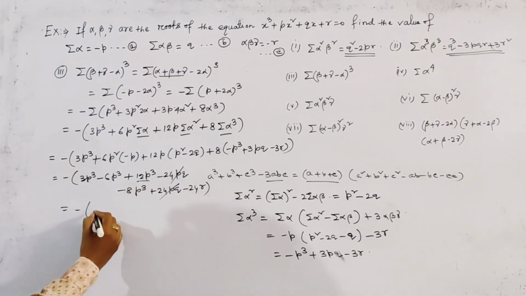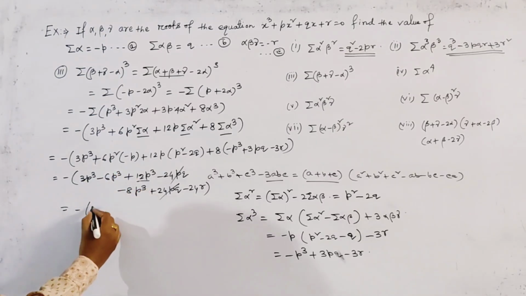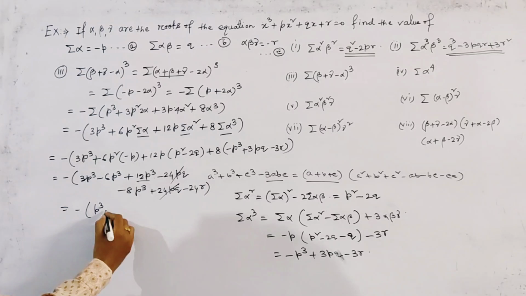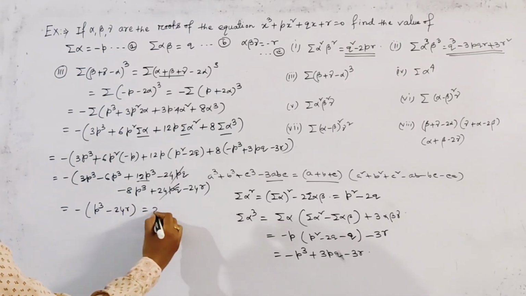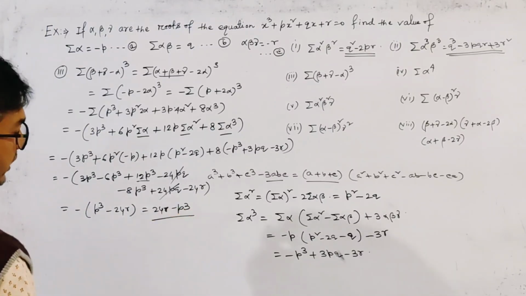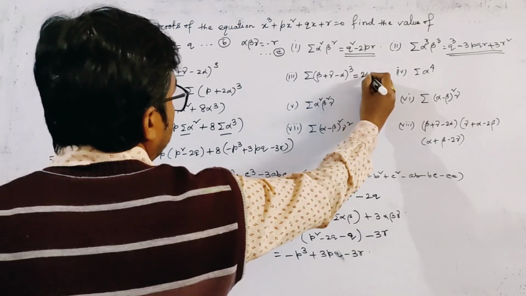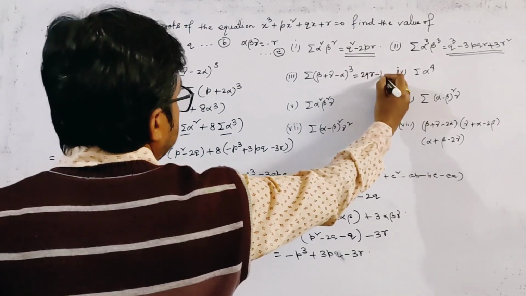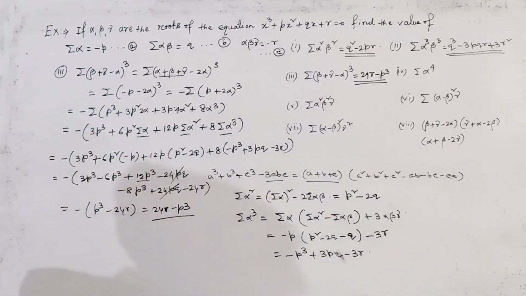So we get 7pq minus 6pq, so the result is pq minus 24r, that is our result is 24r minus pq. Okay, so our third answer is given by 24r minus pq. This is the answer of the third expression.